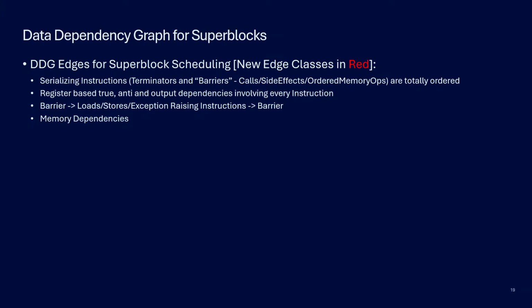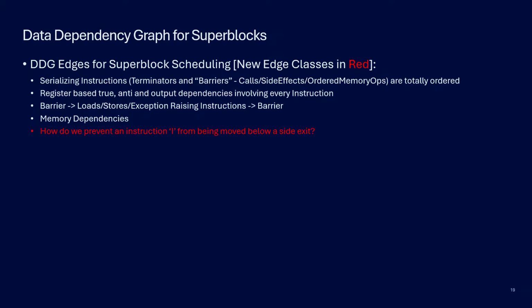Okay, so let's call them barriers. They will be totally ordered. You cannot reorder such instructions, and you cannot move loads and stores above such instructions. Okay, and then there are memory dependencies as well. Just like register dependencies, there are some memory dependencies as well.